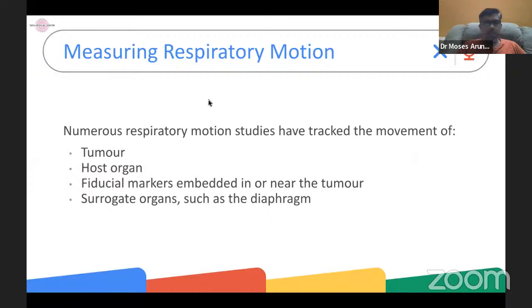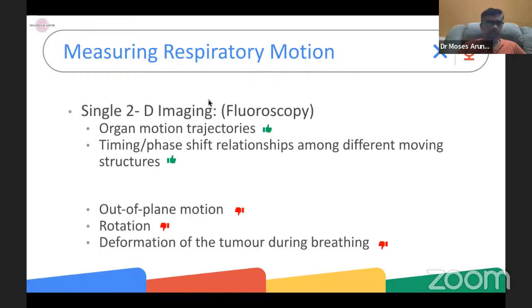Various people have done a lot of studies on the extent of respiratory motion that happens in the thoracic cavity. They have either tracked the tumor as it is visible, or they have tracked the host organ, or they have placed fiducial markers in or near the tumor, or they have used the movement of surrogate markers, surrogate organs to estimate the extent of respiratory motion. So we look at a few examples of how people have estimated it.